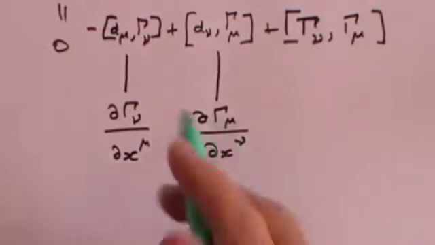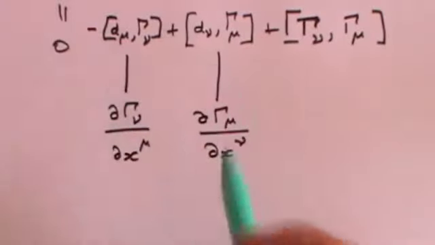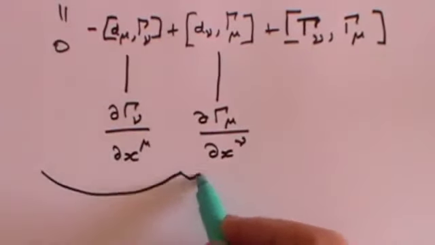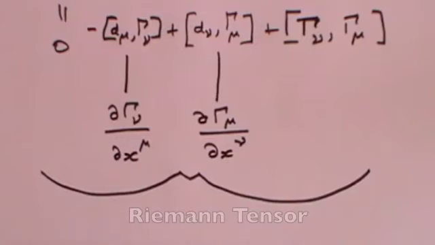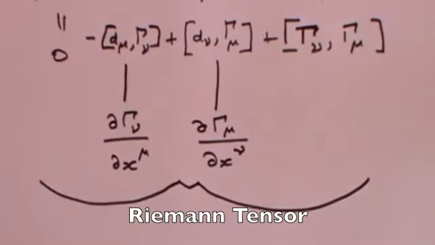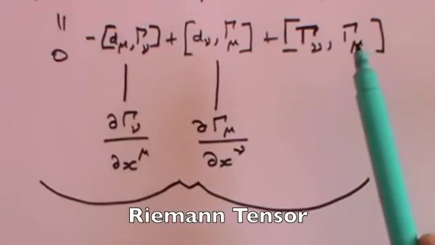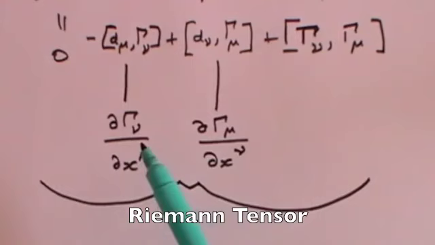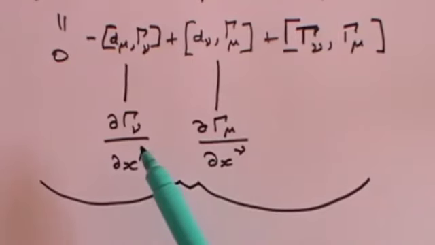And this entire term is called the Riemann tensor. And you'll notice that it is made up of Christoffel symbols and derivatives of Christoffel symbols.